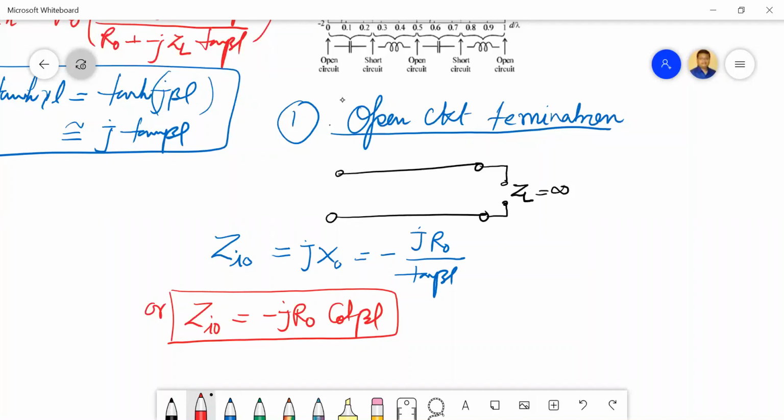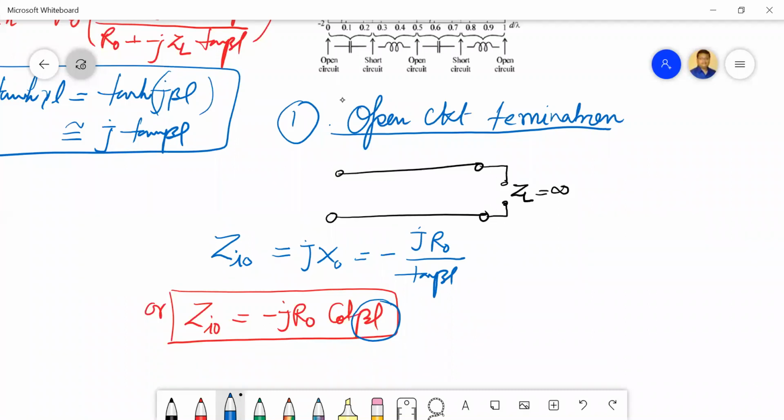Now here you can see the argument of the cot is beta L. This we call the electrical length, beta L, and we can express it in terms of lambda. Fine.